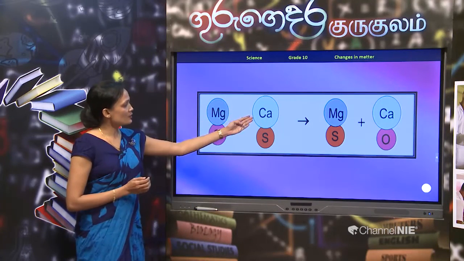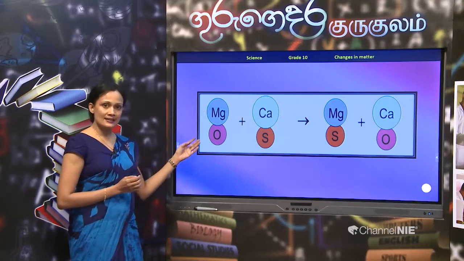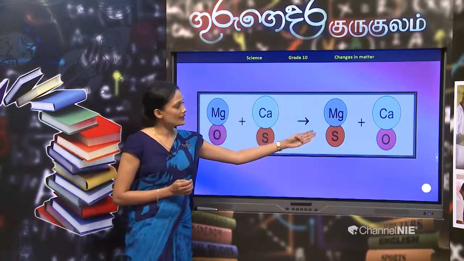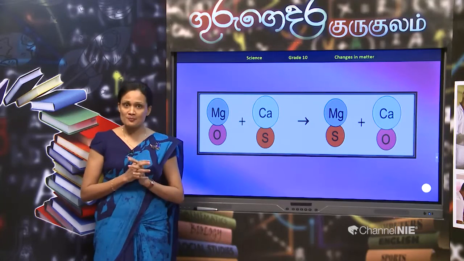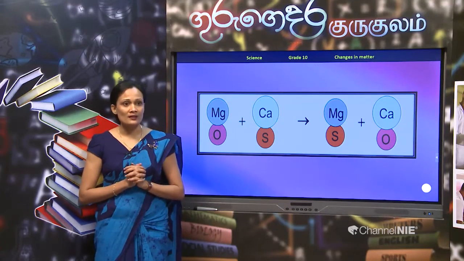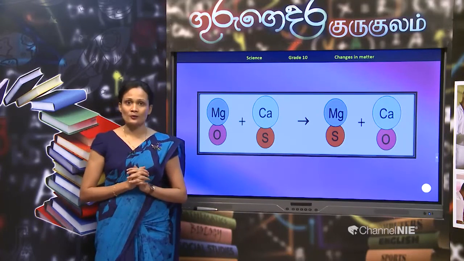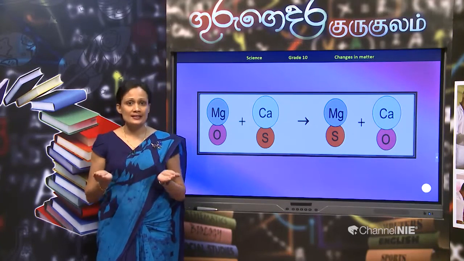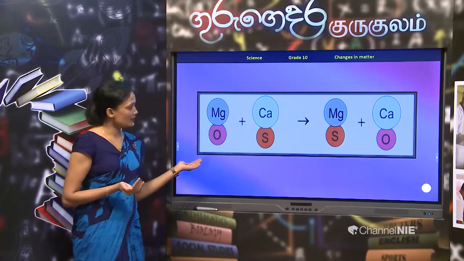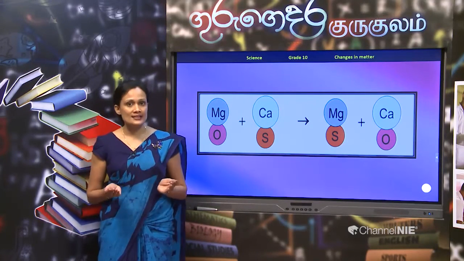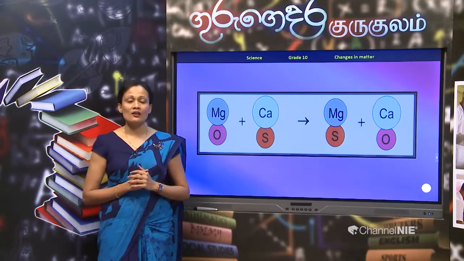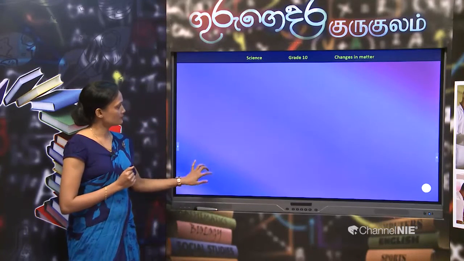And calcium reacts with the oxygen present in the compound and forms calcium oxide. The two elements are displaced and form other compounds. That's why we can consider this reaction a double displacement reaction. Now let's see some other examples for this type of reaction.